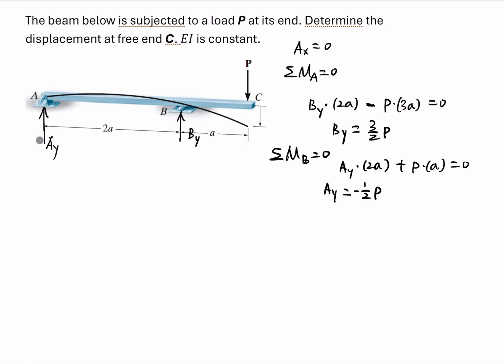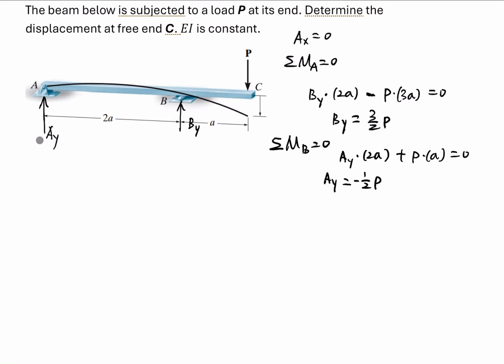If we correct this direction, AY is 1 over 2 P going downwards, and BY is positive 3 over 2 P. So this is the reaction force.